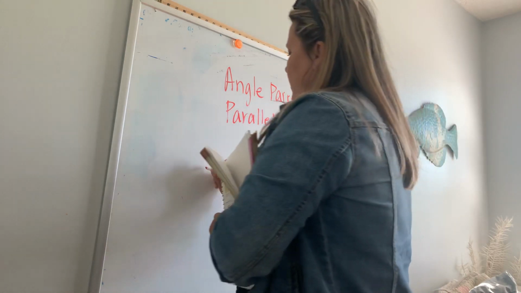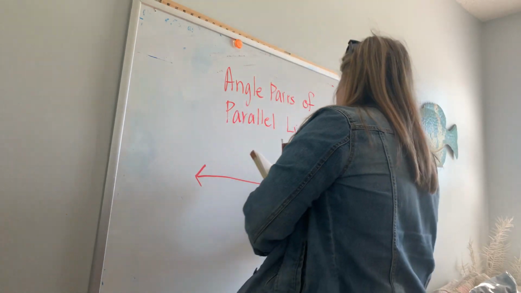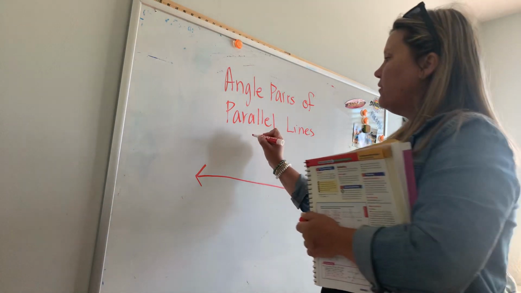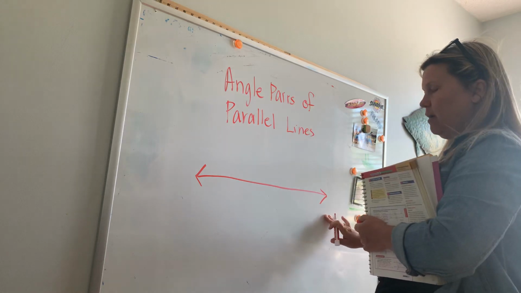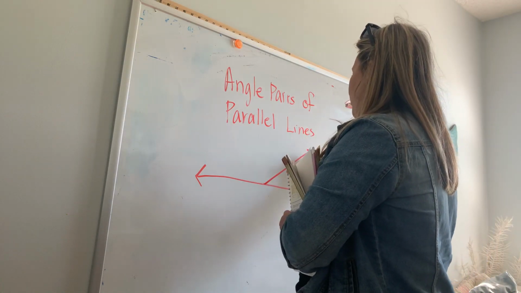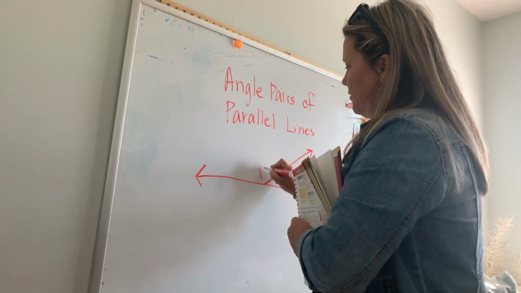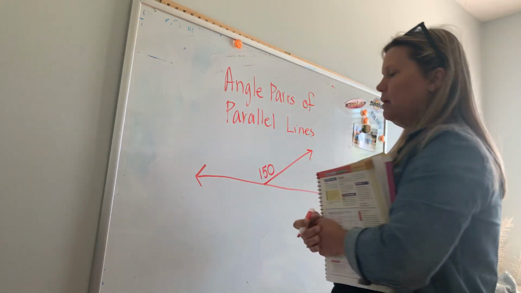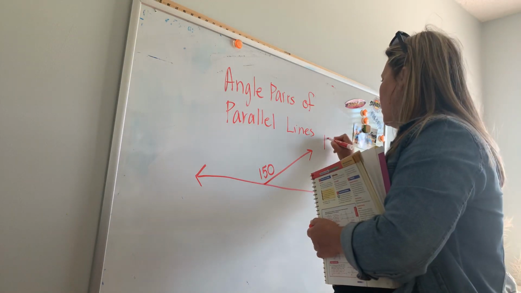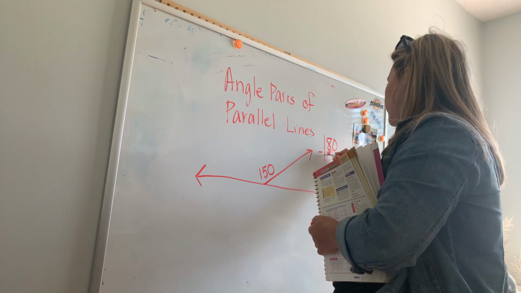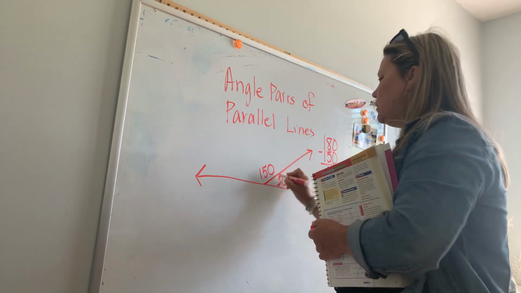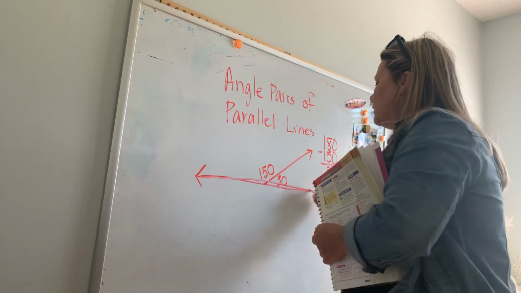So one thing that you want to know, and it relates to supplementary and complementary angles that you did last week, is that if we have a straight line and now we've made it two angles, if this is 150, then we know that this must be 180 minus 150, which is 30, because this is a straight line.